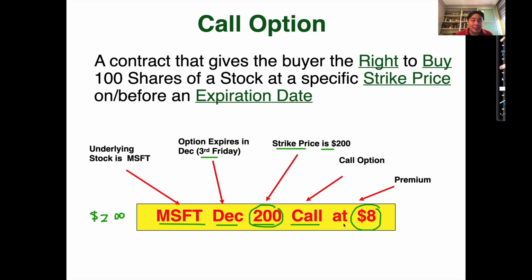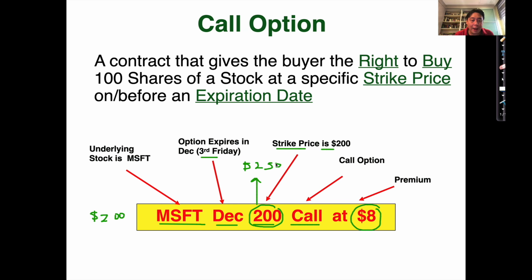So what happens now? Let's imagine that Microsoft indeed goes up in price. So Microsoft from $200, it goes up to $250 per share. Question, are you happy? Yes, you should be happy. Why?